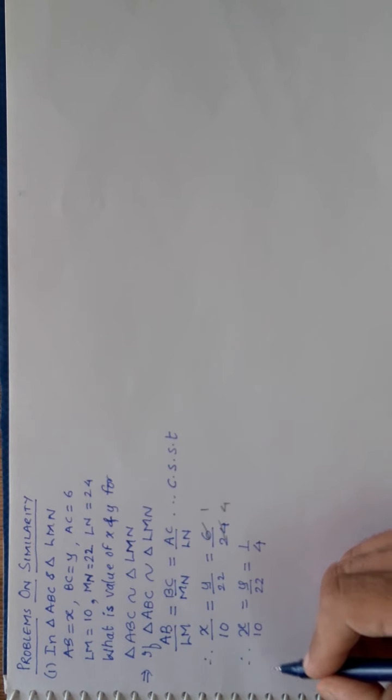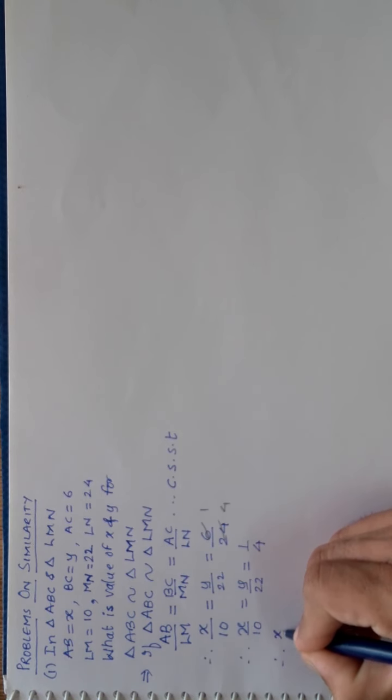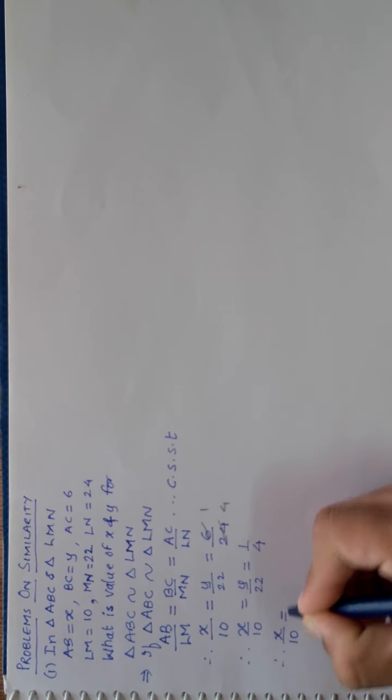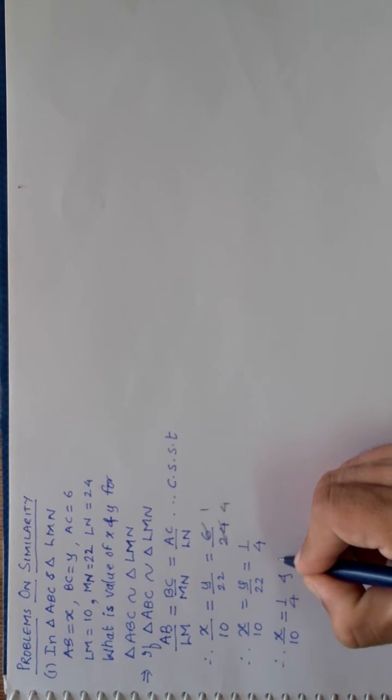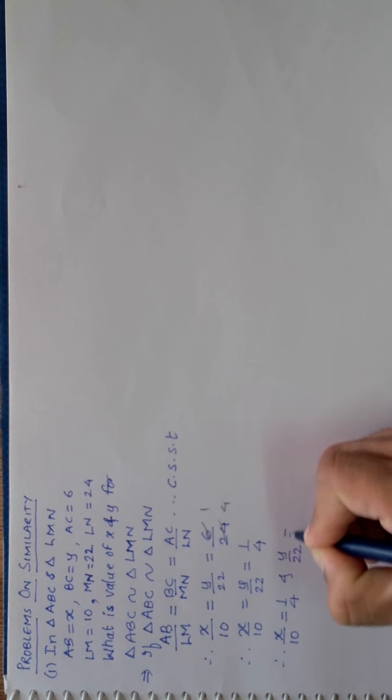That means this ratio is equal to this ratio, and also this ratio is equal to this ratio. Therefore I will say here X by 10 is equal to 1 by 4, and at the same time Y by 22 is also equal to 1 by 4. Right? So obviously these are two ratios which are equal, having an equal to sign in between.